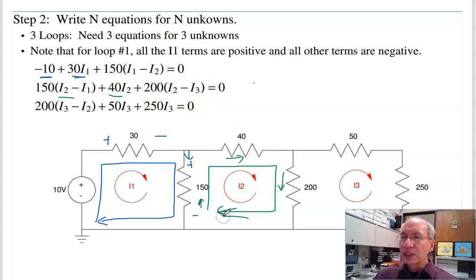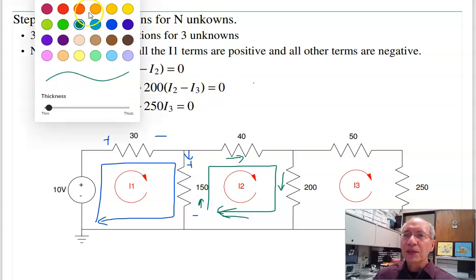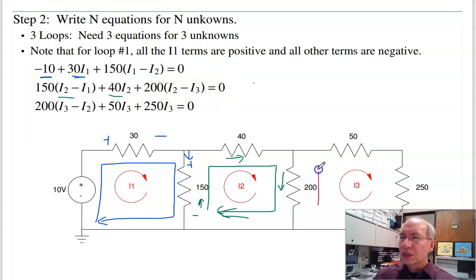And I'm back where I started, is 0. Around loop I3, these voltages add to 0. The current up is 200 times I3 minus I2, plus 50 times I3, plus 250 times I3 equals 0. There's my 3 equations, 3 unknowns.